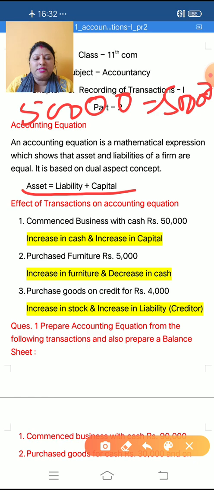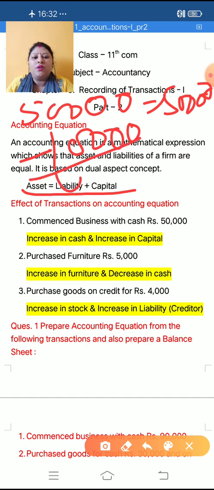If you purchase furniture for 10,000 in cash, then cash is an asset, so you have to subtract 10,000 from the asset. Now you have an asset of 40,000 but the capital is 50,000. But here you have purchased the furniture.